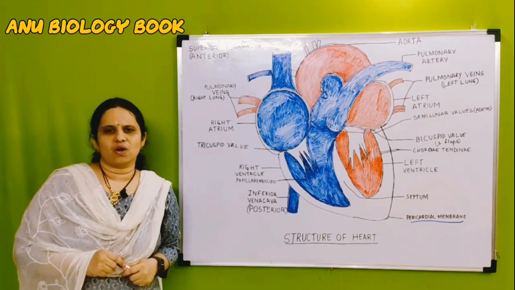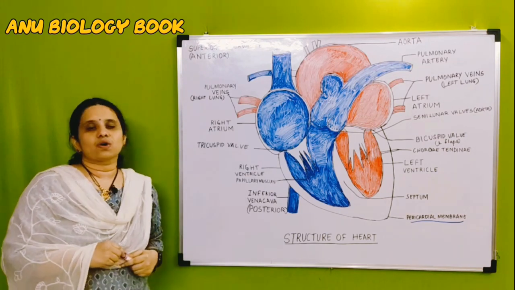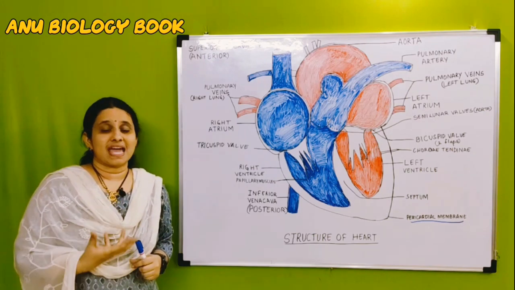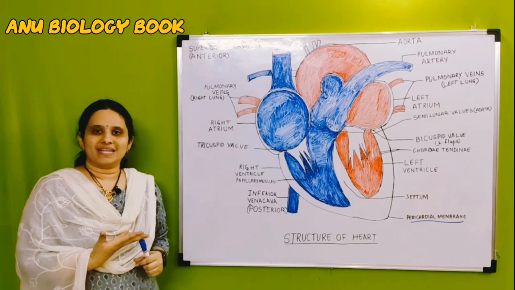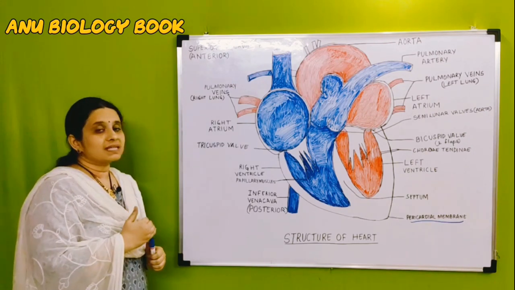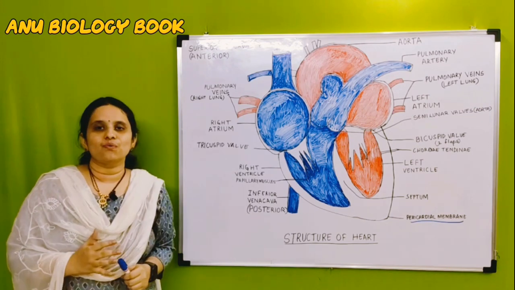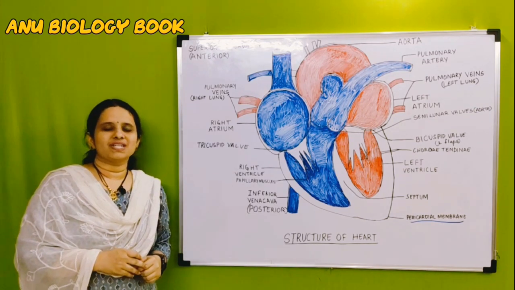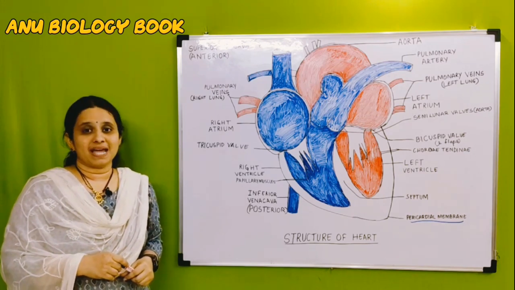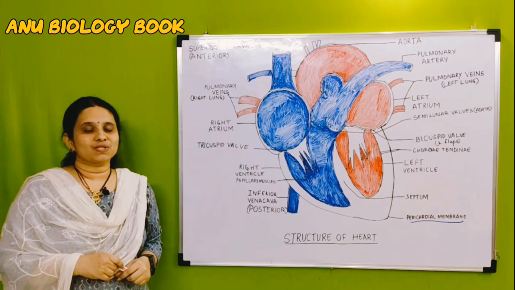Here there is a simple logic: the auricles are only involved in carrying the blood which they receive from the veins. That's it. And this blood present in the atria enters into the ventricles, and the ventricles play a major role in storing and pumping of the blood to all the parts of the body and also to the lungs.